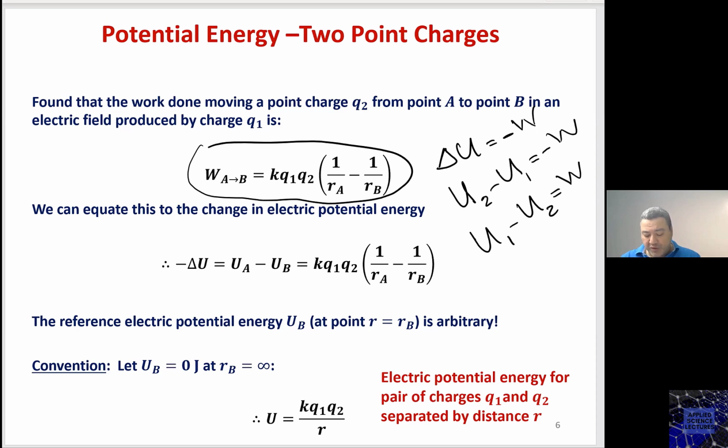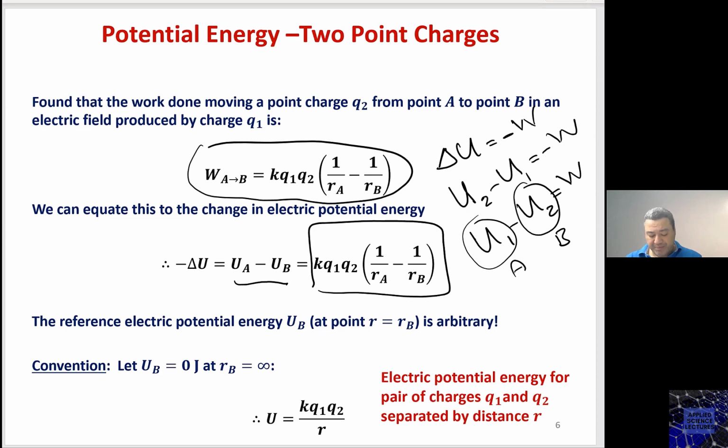Now this U1 is basically at point A. This U2 is at point B. So I now have this relationship: UA minus UB equals the work that I have derived earlier.